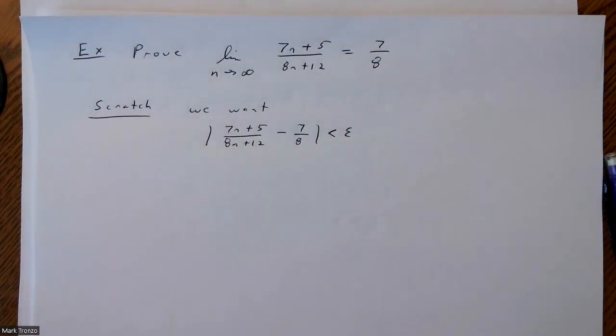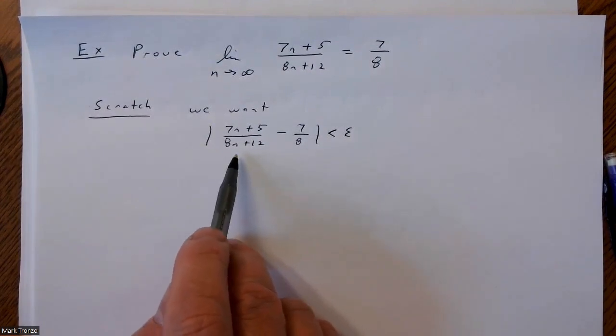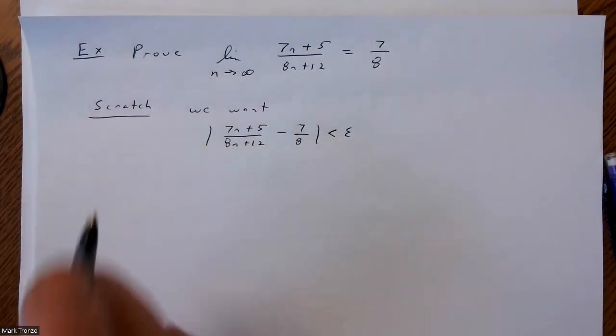So let's go ahead and work with this. At least for a while, we may have to keep the absolute value on because we can't be sure when this is going to be positive.